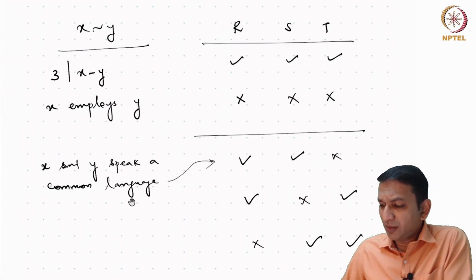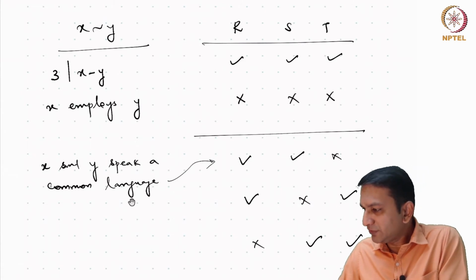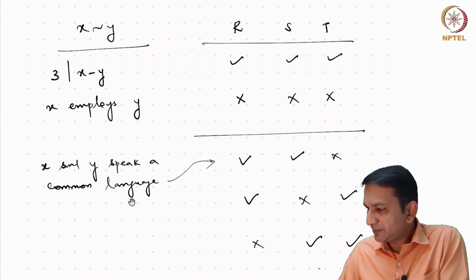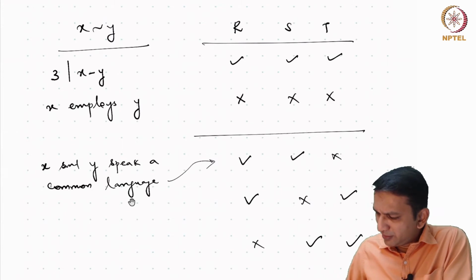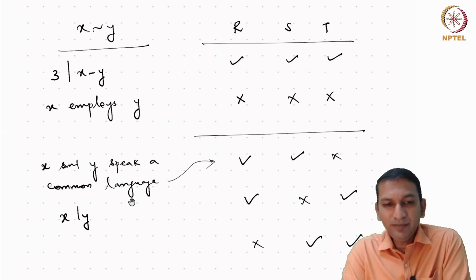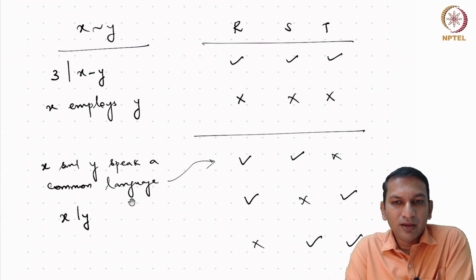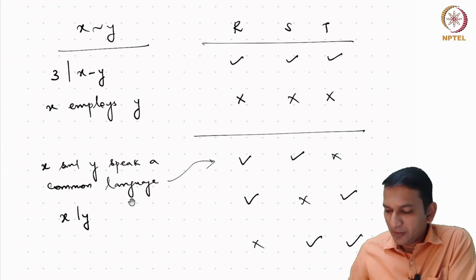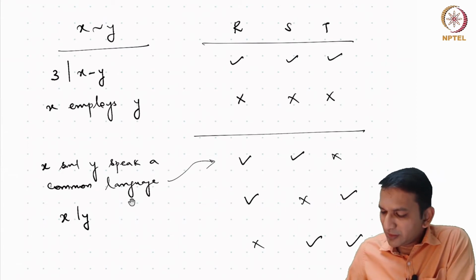What about a relation which is reflexive and transitive but not symmetric? An interesting example would be x divides y.